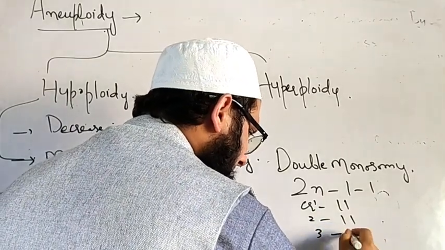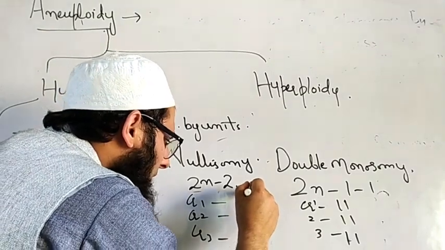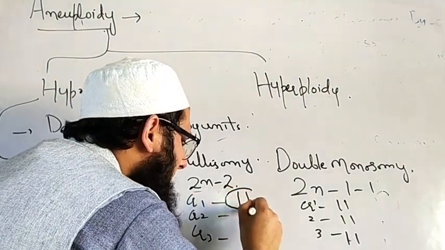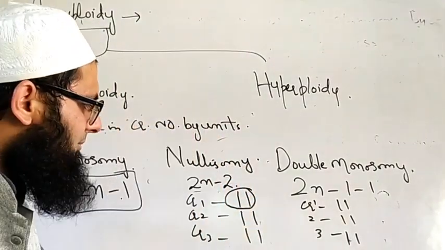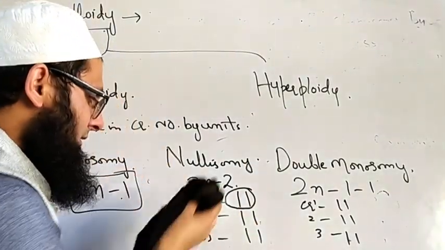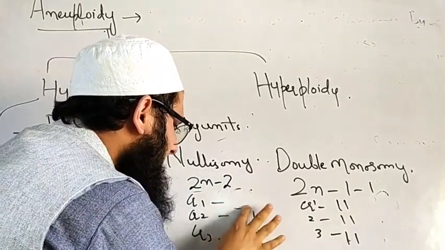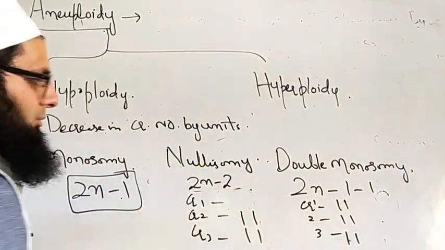So what happens in nullisomy? One complete homologous pair is missing, 2n minus 2. When the condition is like this, we are losing a complete pair, that time we call it nullisomy.